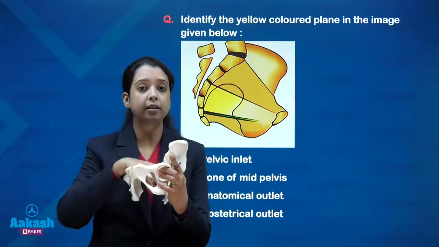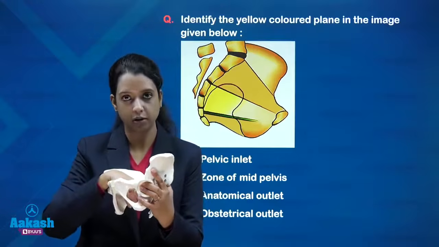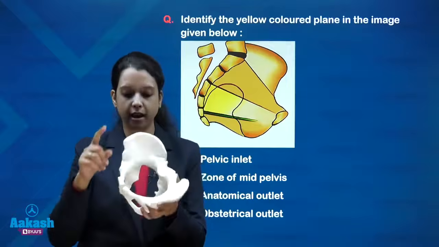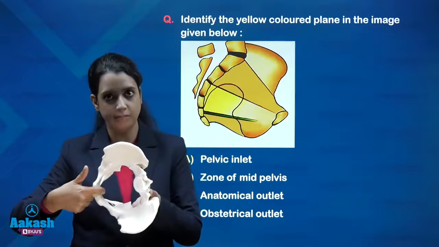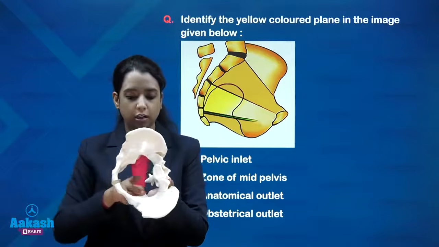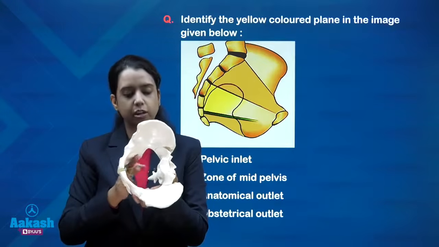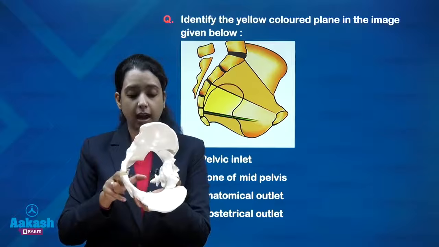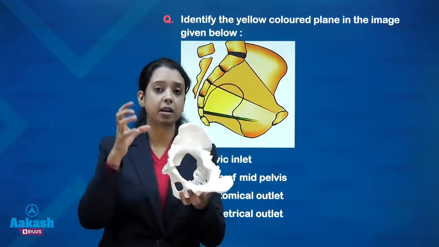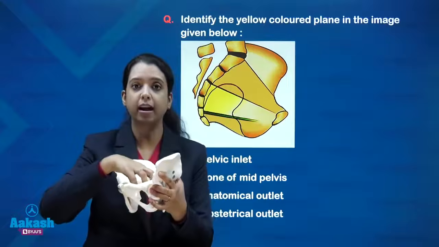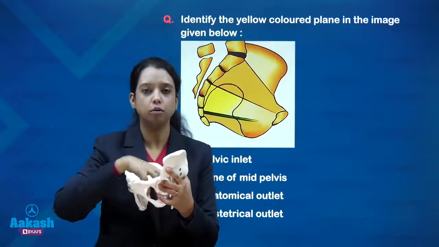Basically, of clinical significance is the plane of least pelvic dimension. It is also a part of the cavity. It starts from the mid of the pubic symphysis, going through the ischial spine, reaching up to S4, S5. This is the area which has the minimum diameter in the cavity. This area is very important because the head has to cross it for a smooth delivery.